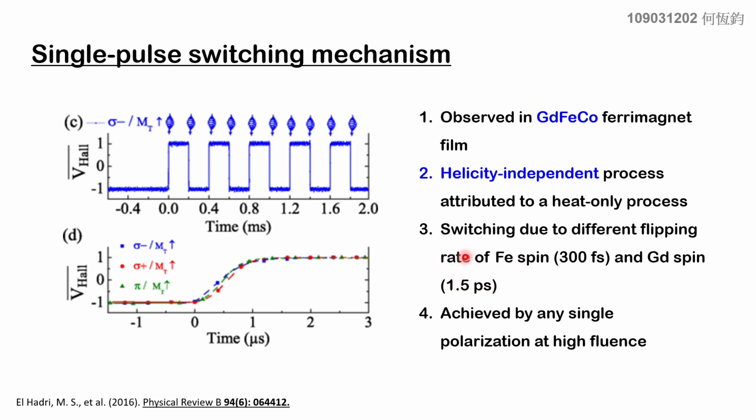This unique property allows a transient alignment of moments to occur each time we shine a laser beam on it. Note that this process can be induced only by heat and is helicity independent, which means the polarization of light doesn't matter as long as we have a high fluence.